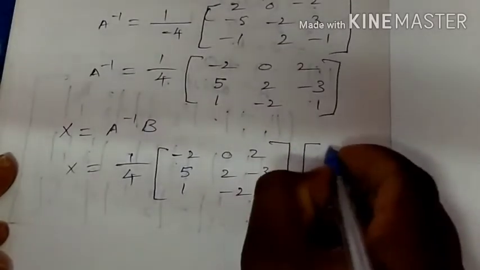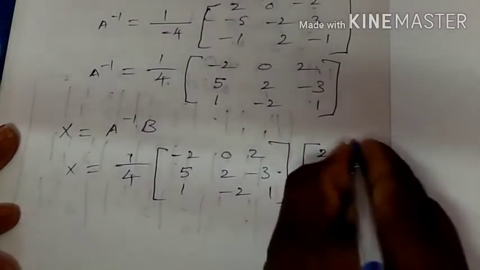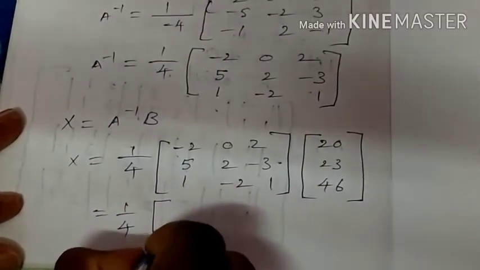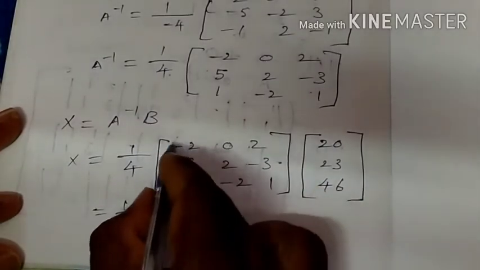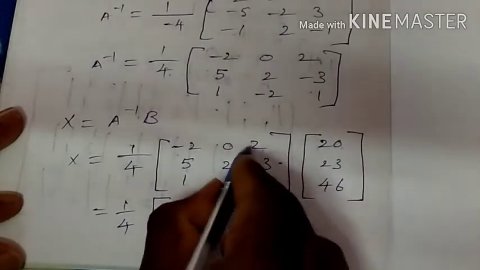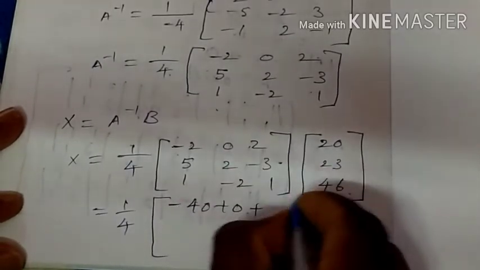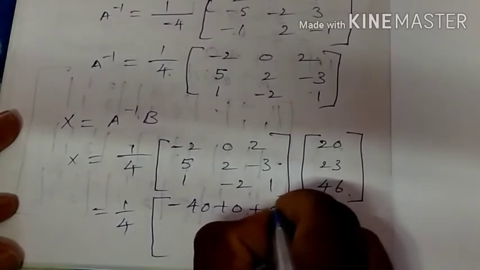Then the matrix B is from the question: 20, 23, 46. Multiplying both matrices we get 1 by 4 into minus 2 times 20 is minus 40, 0 with the number is 0, then plus 2 times 46 is 92.